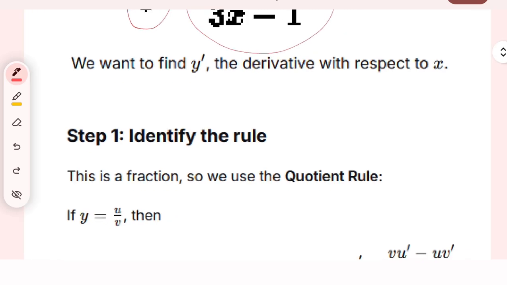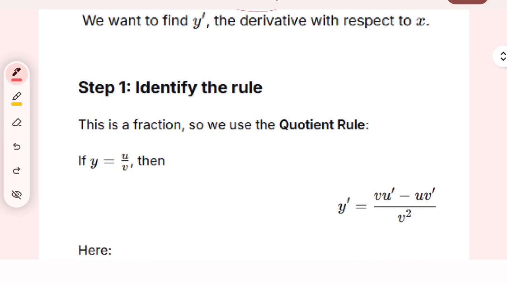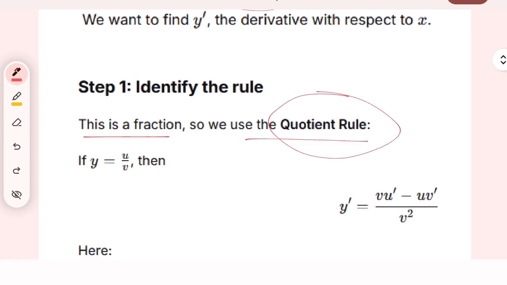Now you see that the given is a fraction, and it involves the quotient rule, because we are dividing the numerator by the denominator. Since it is a fraction, we apply the quotient rule.